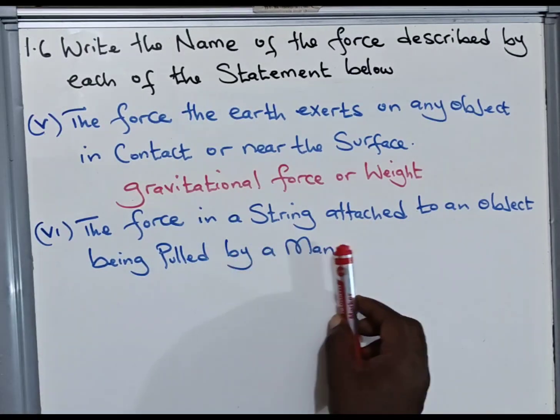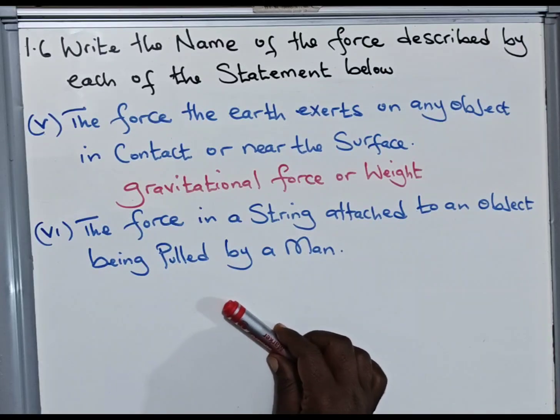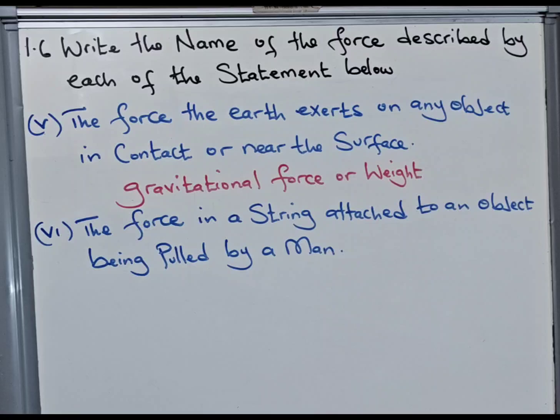The force in a string attached to an object being pulled by a man. I want us to imagine a situation where you attach a string on an object and you pull it. So the force in the string is called what? We call it tension.